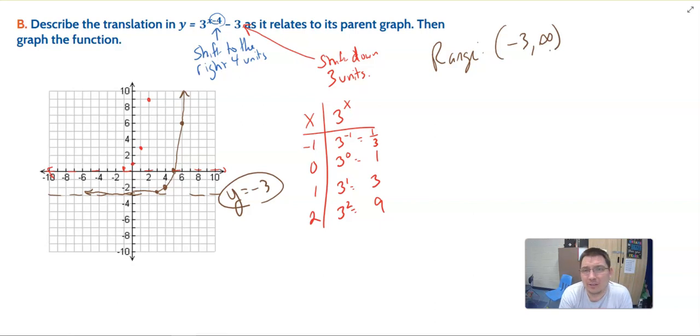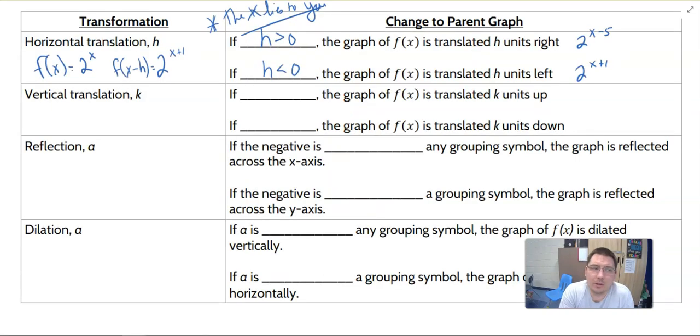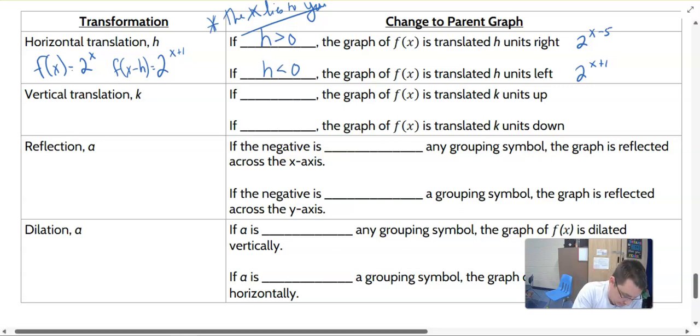And so let's go back down to the table at the end and we'll look at vertical translations and how they are summarized. Like we talked about with our horizontal translations, our vertical translation is going to be of a similar fashion. So if our f of x is 3 to the x, or whatever base it might be, that vertical translation is going to attach itself as k on the back of the function. And so we're going to get 3 to the x plus the k value.